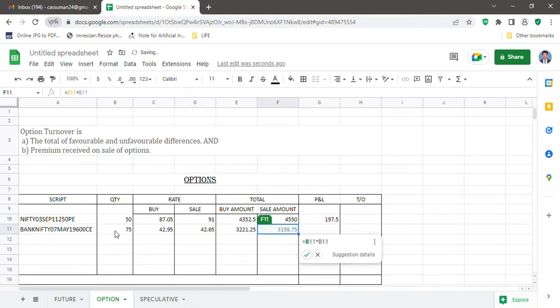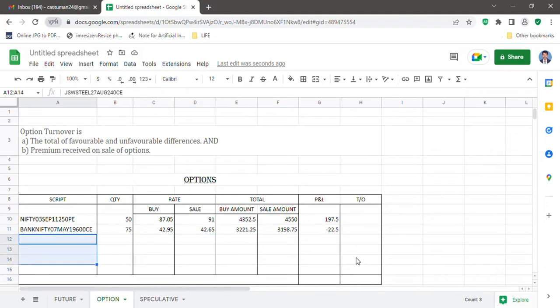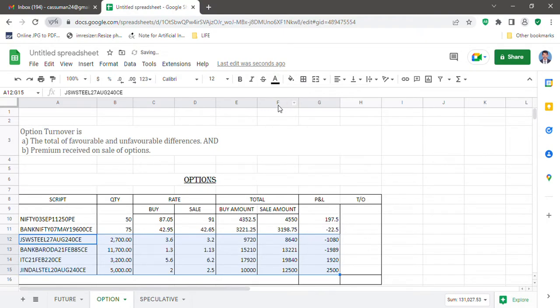Enter. Let's check whether there is a profit or loss. So there is a loss of 22 rupees 50 paise. However, our main concern is to calculate the turnover. Okay, so we will calculate the turnover from these transactions.